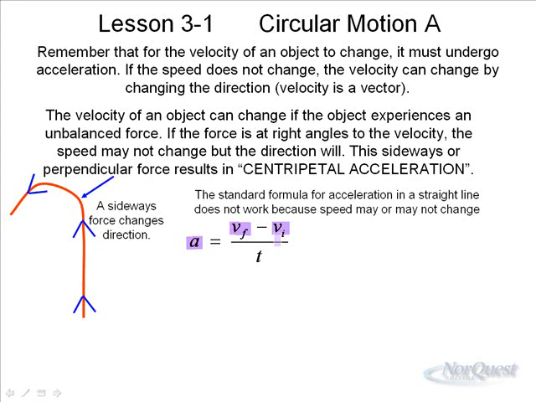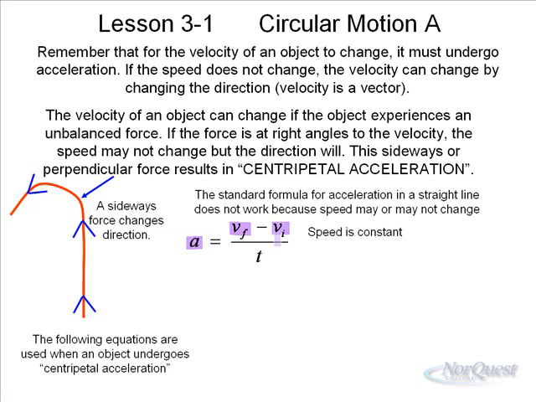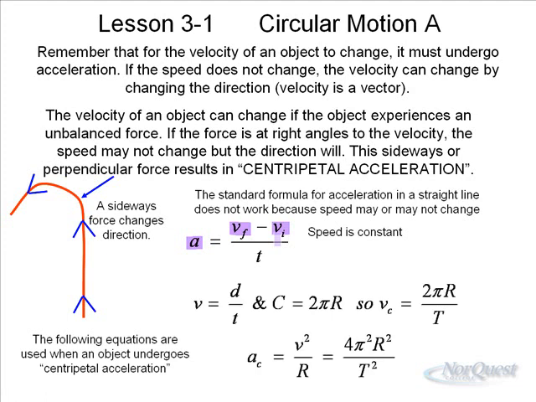So what we do is, because speed is constant and it doesn't show an acceleration there, we have to look at the change in terms of circular motion. It's not so much the speed will change, but if the direction changes, then we can combine our basic definition of velocity, which is distance over time, and of course the circumference. As an object goes in circular form, the circumference of a circle is 2 pi r.